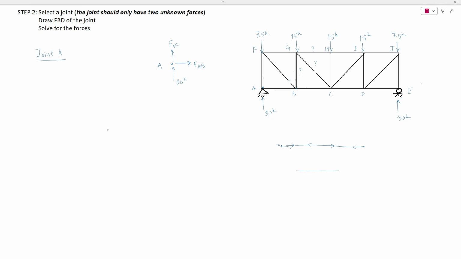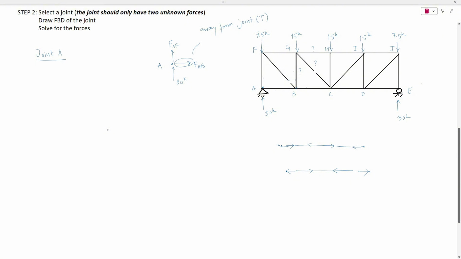Similarly, if you're trying to compress a member, shorten it, the reaction of the member is to go towards the joint. So any arrow away from the joint is tension, and towards the joint is compression.